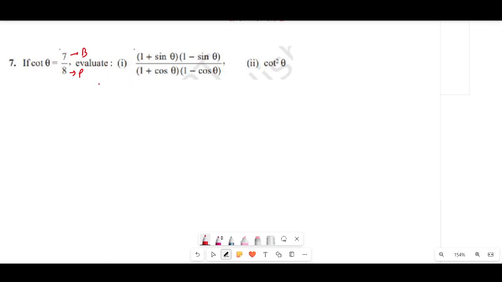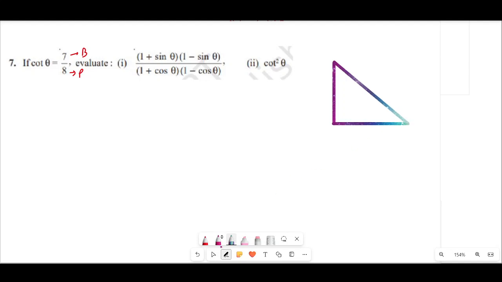Okay. Now first we should draw a triangle. If you take theta here, base is 7 and perpendicular is 8.